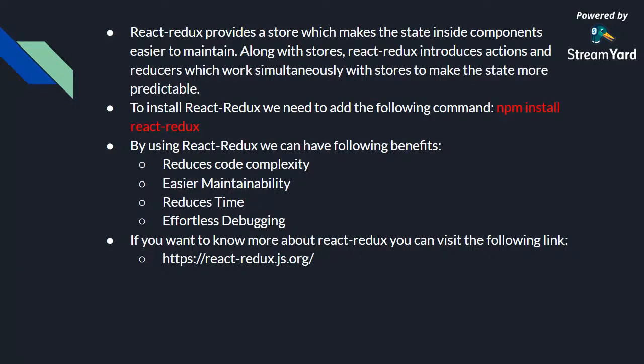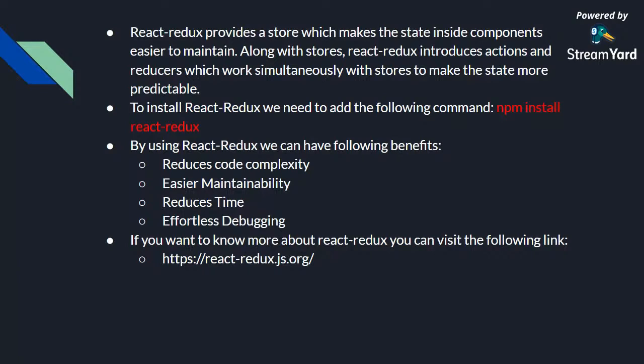To install React Redux into your application, you will need to use Node or npm. You will need to open a terminal if you are using a macOS environment. If you are using a Windows environment, you would need to open a command prompt.